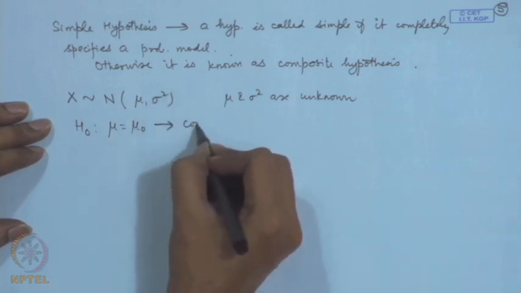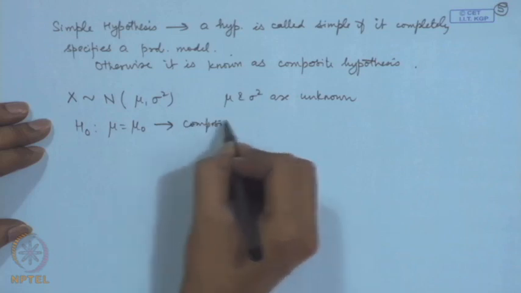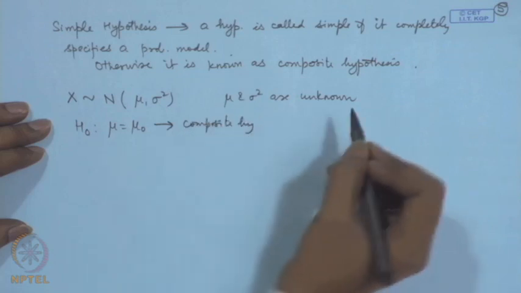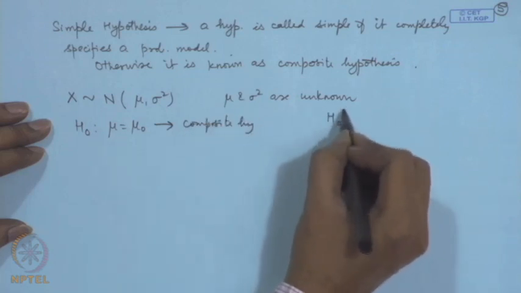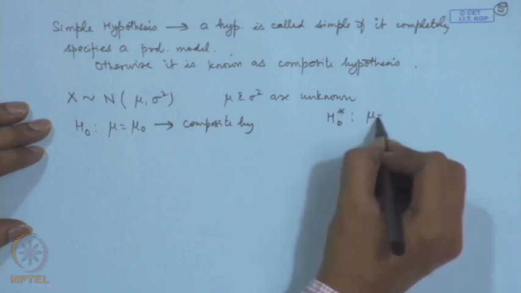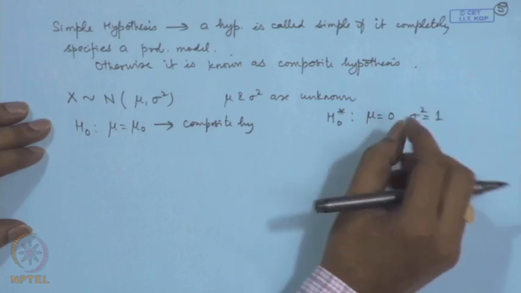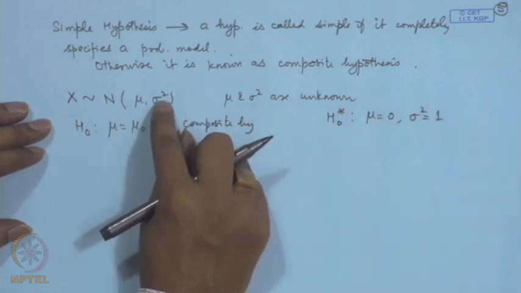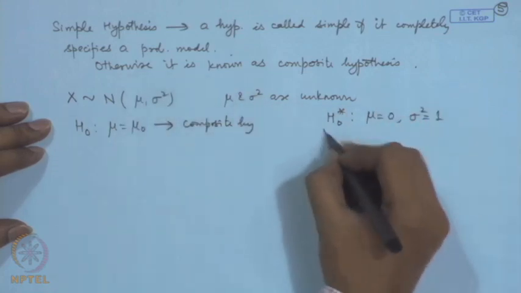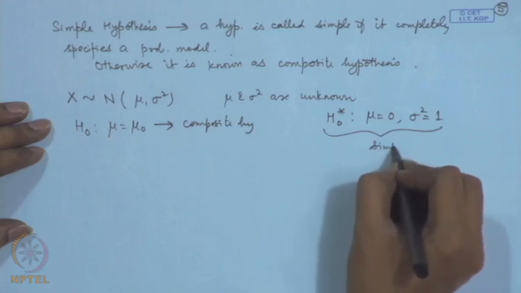Therefore, this is a composite hypothesis. Suppose I give the hypothesis mu is equal to 0, sigma square is equal to 1, then it specifies completely the distribution here. So, this is a simple hypothesis.